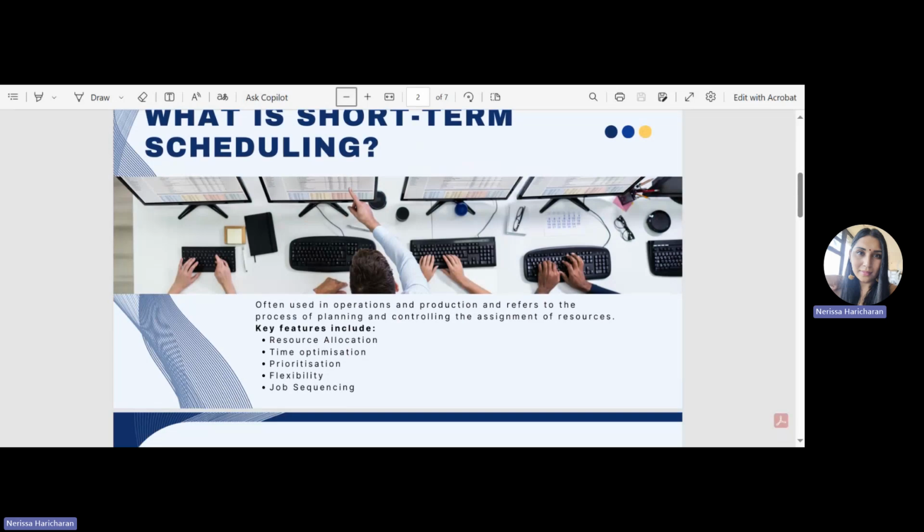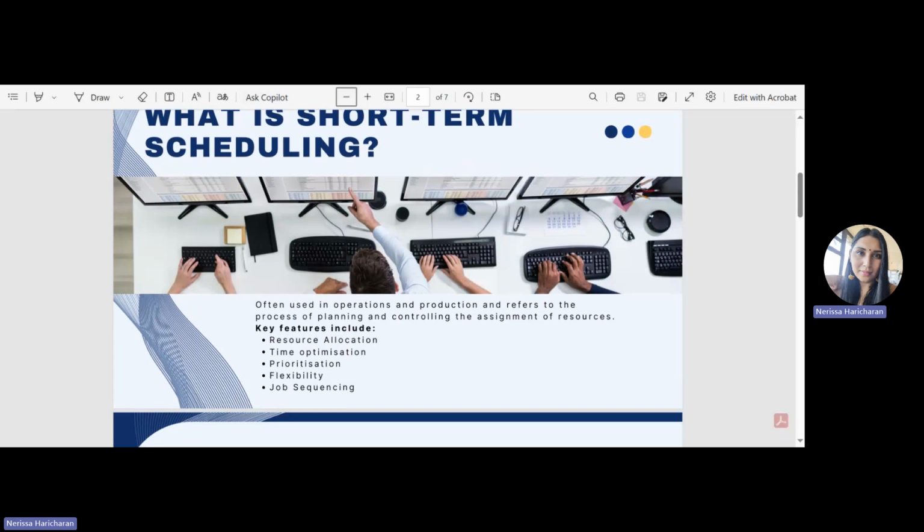So if you're in that sort of environment, that's where scheduling would come into play. The basics of scheduling is where you plan and control different resources, whether the resources are labor, machinery, materials, whatever goes into your resources for the production of product. That is what you would schedule around.